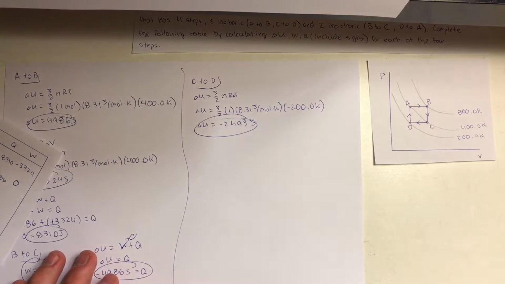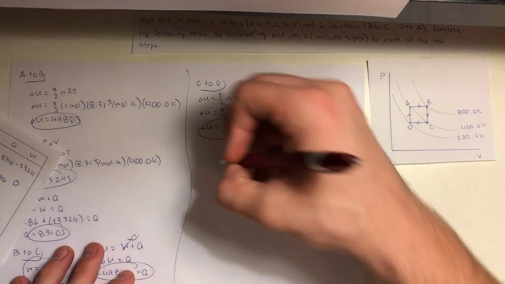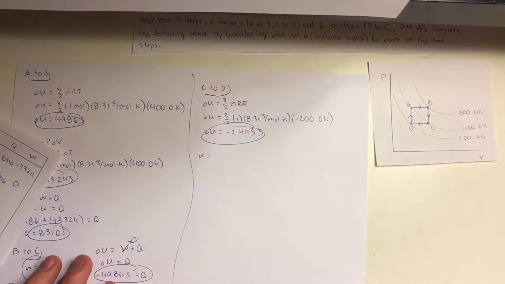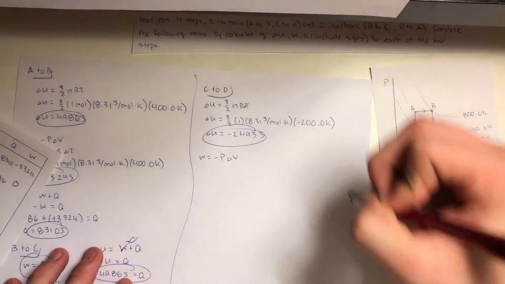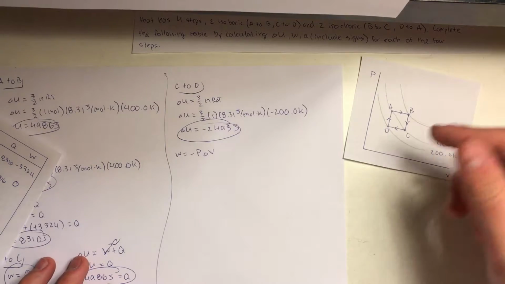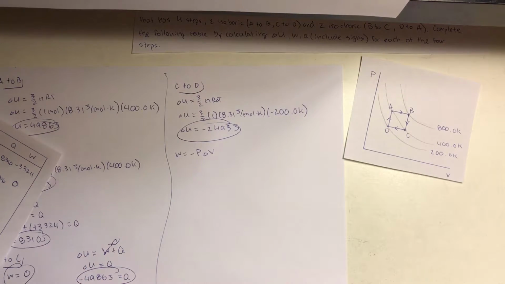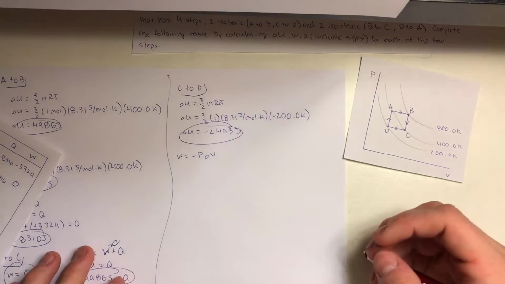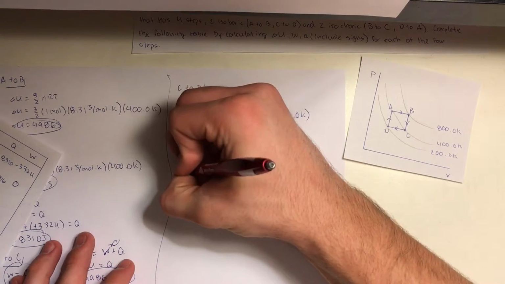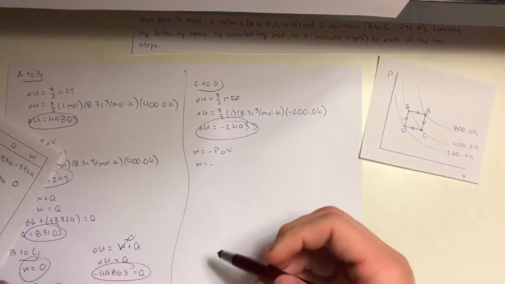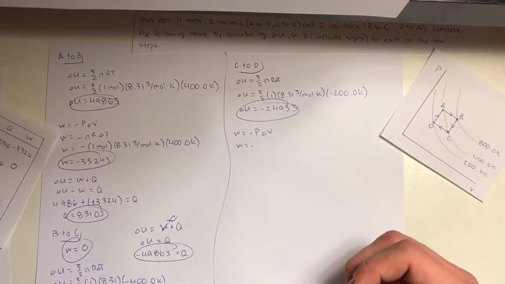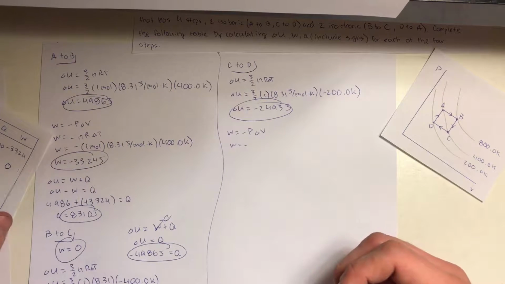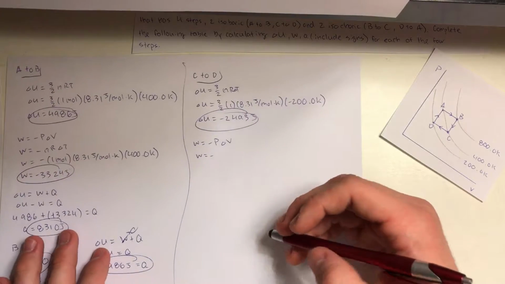Next, you can figure out either the work or the Q. I'll just go with the work. So the work equals negative P delta V. They don't give us the pressure or the volume. So we can just substitute in like we did over there. We can substitute in another equation for that ideal gas law.